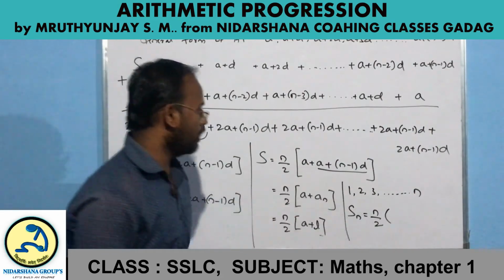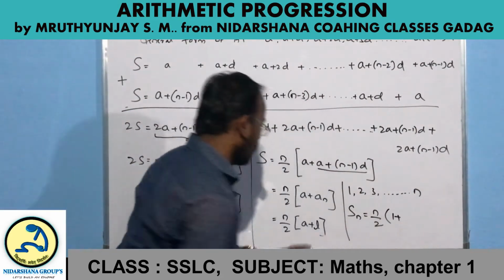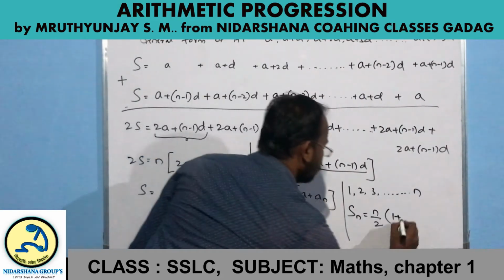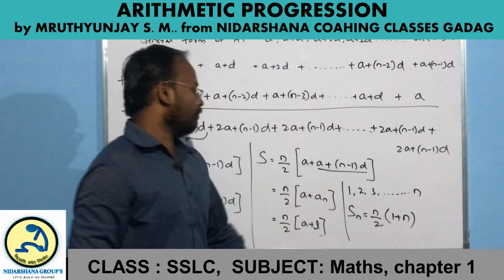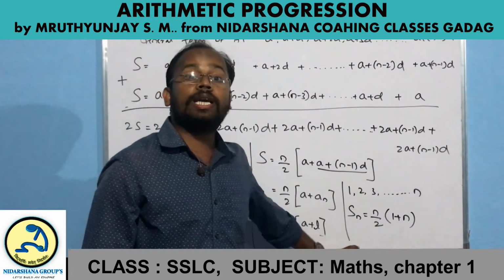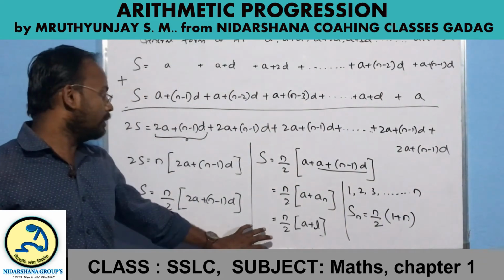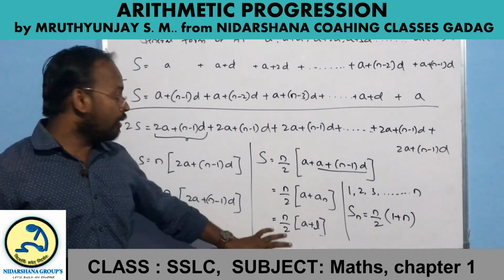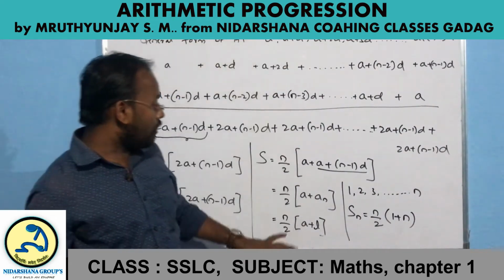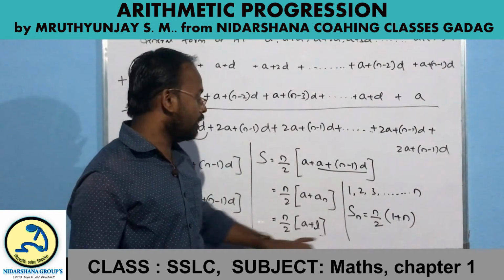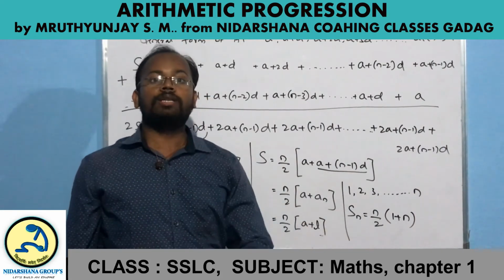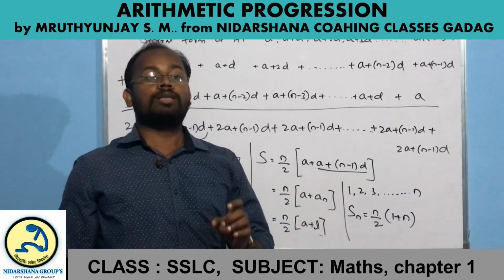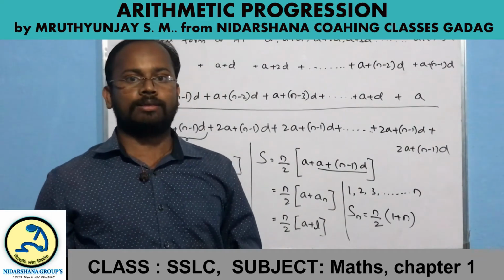First term 1, plus what is the last term? n is the last term. This is the general formula for the sum of first n natural numbers. The earlier one is the formula for the sum of first n terms of an arithmetic progression, and this is the formula for the sum of first n natural numbers.